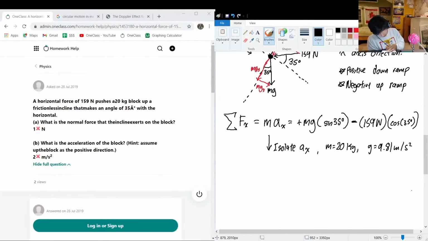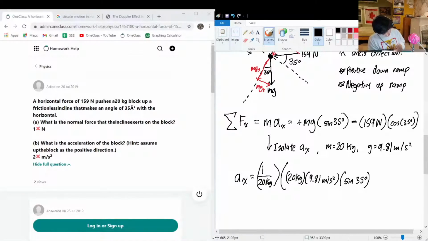When we do this, we'll have AX equal to 1 over 20 kilograms, so that's 1 over M, multiplied by 20 kilograms times 9.81 meters per second squared multiplied by sine 35, minus 159 newtons multiplied by cos 35. Okay, and we'll ask our calculator what this is, because mental math is tough.